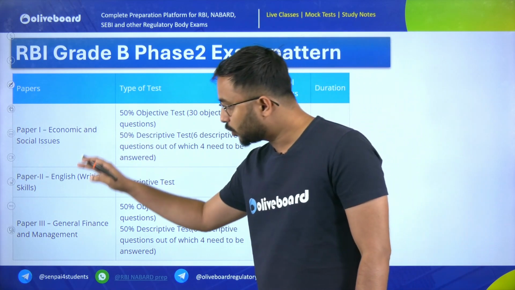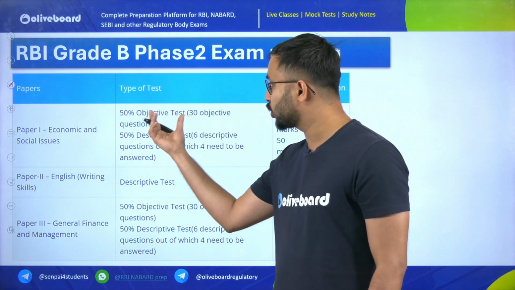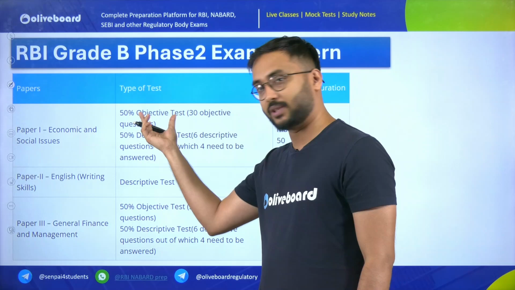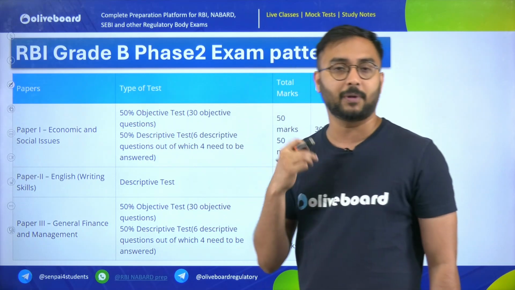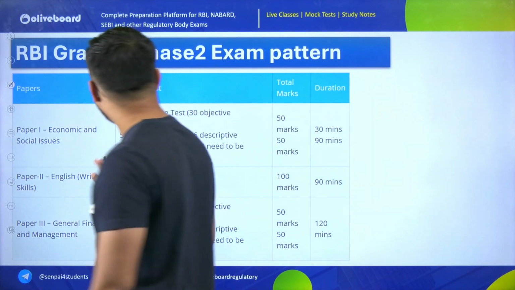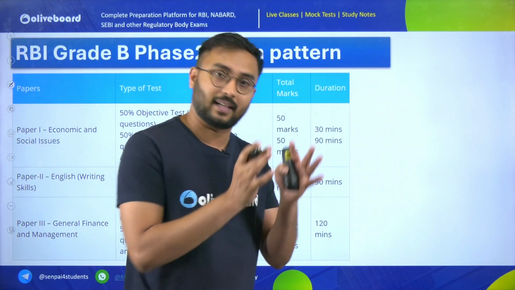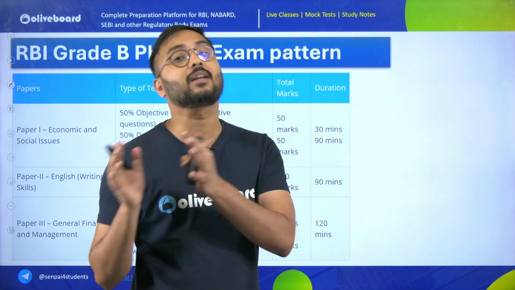But in fact, these core subjects are divided into two assessments. First is objective, that is MCQs, and second is the descriptive test, that is answer writing. Overall, the phase 2 exam pattern is such that there are MCQs and there is also descriptive answer writing.